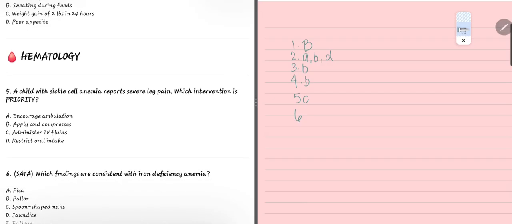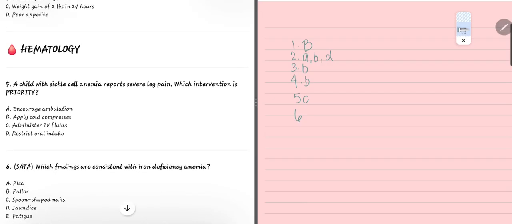Okay. Select all that apply. Which of the findings are consistent with iron deficiency anemia? A. Pica. B. Pallor. C. Spoon-shaped nails. D. Jaundice. E. Fatigue.